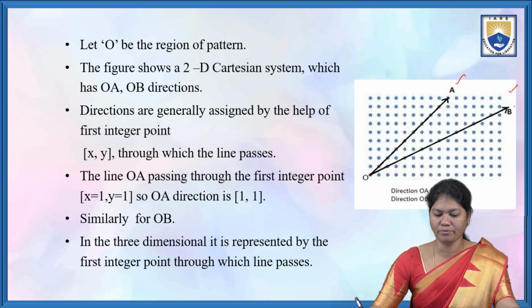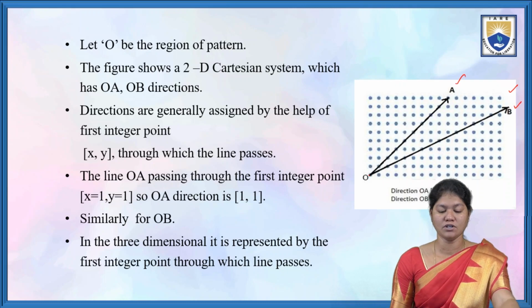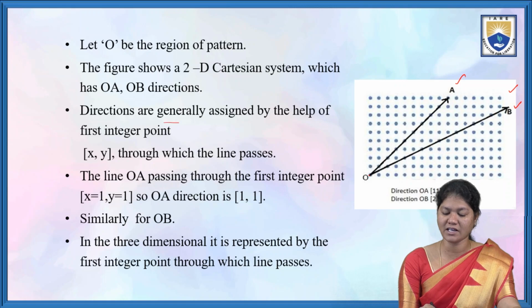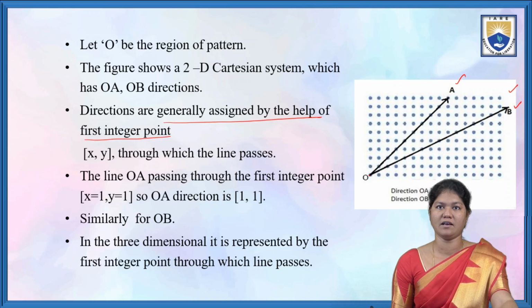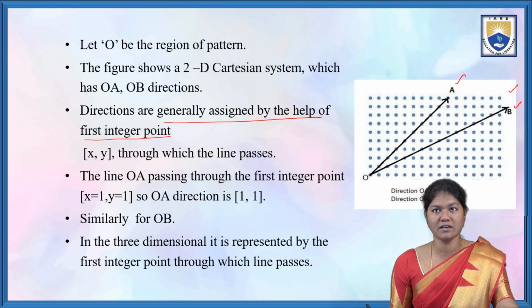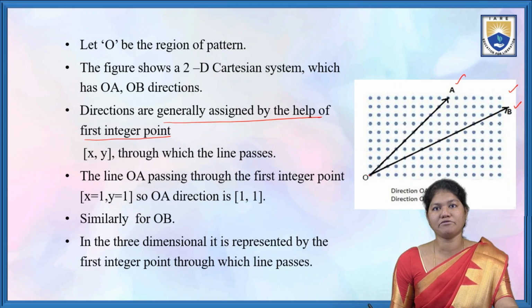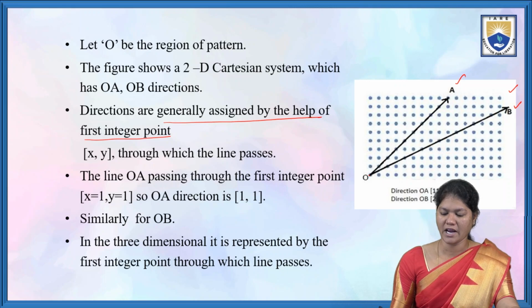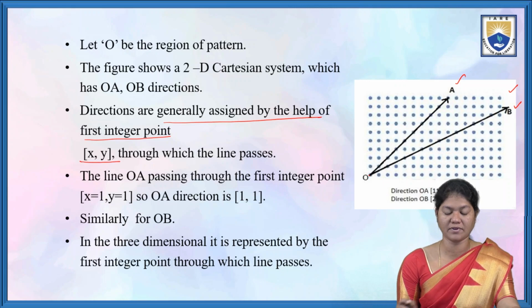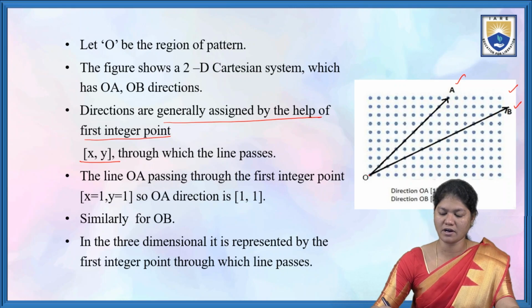Directions are generally assigned with the help of the first integer point x, y through which the lines are passing.